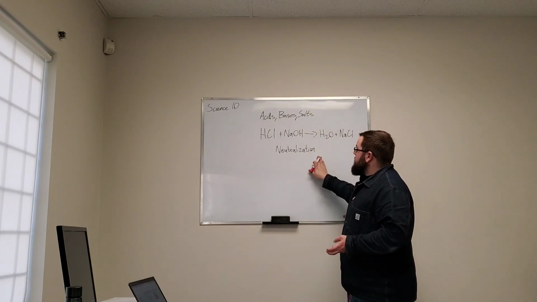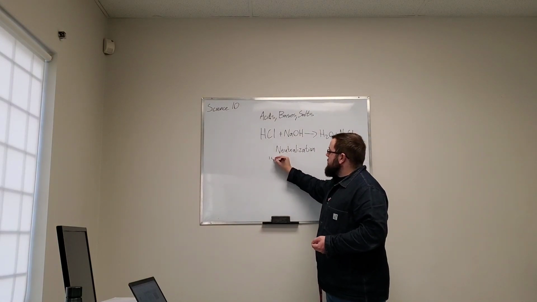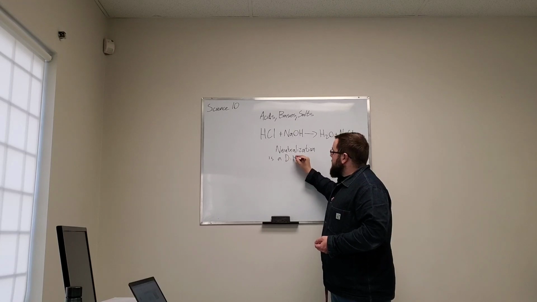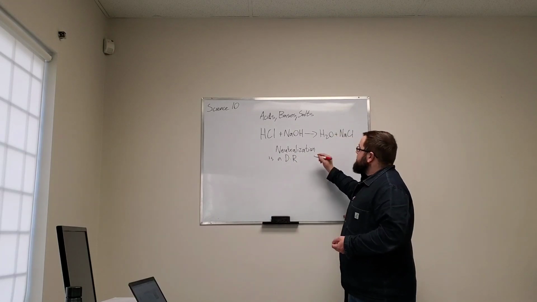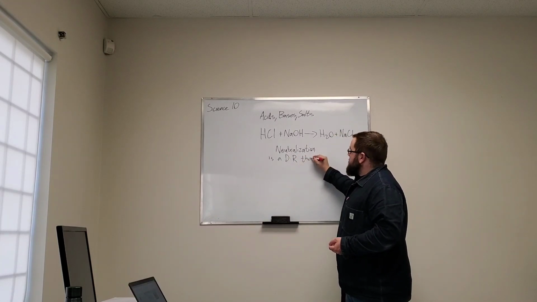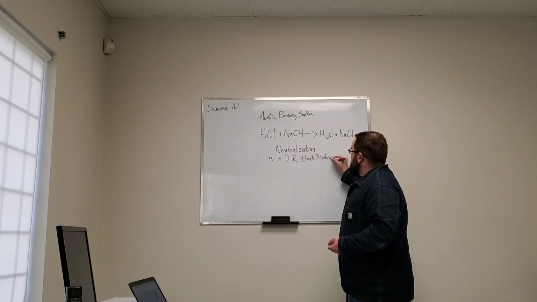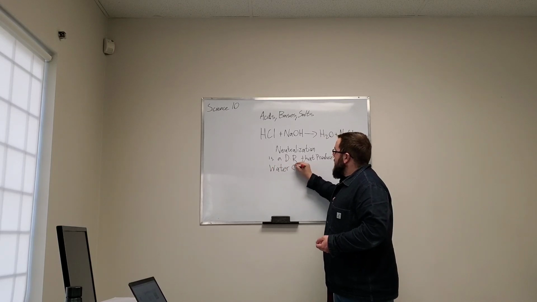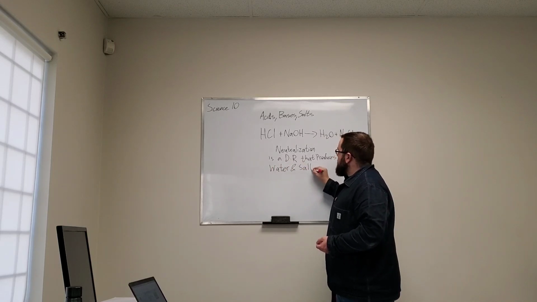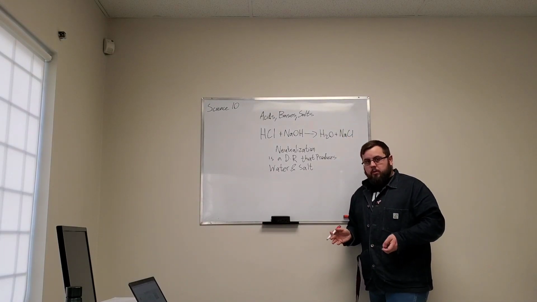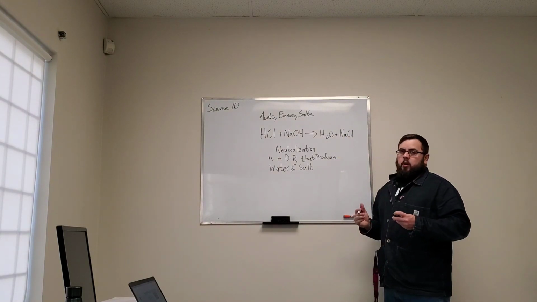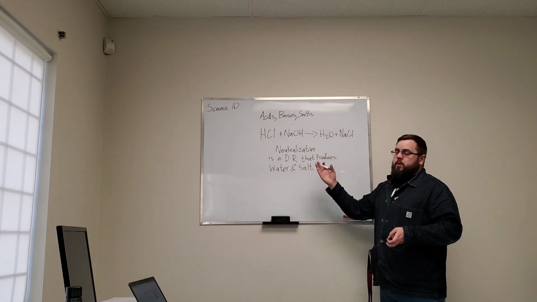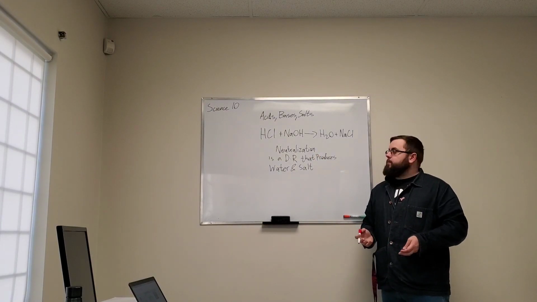So a neutralization reaction is a double replacement reaction that produces water and salt. We're not talking table salt. I'm just talking about a salt as in it is the two remaining pieces of your acid and base.